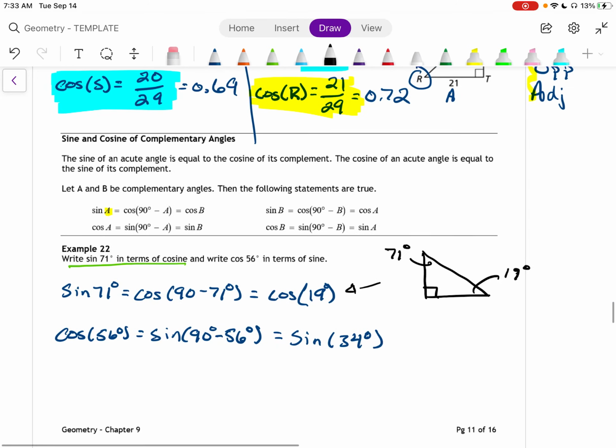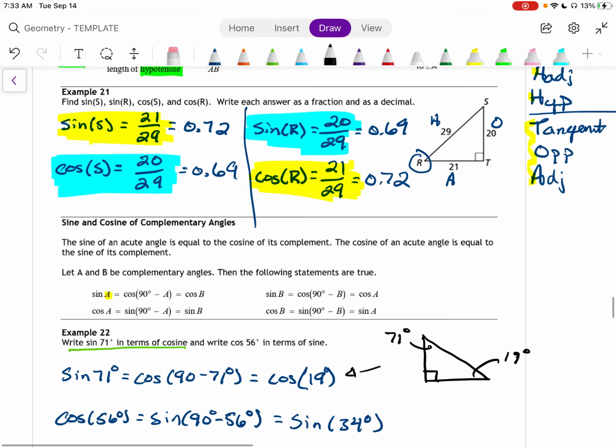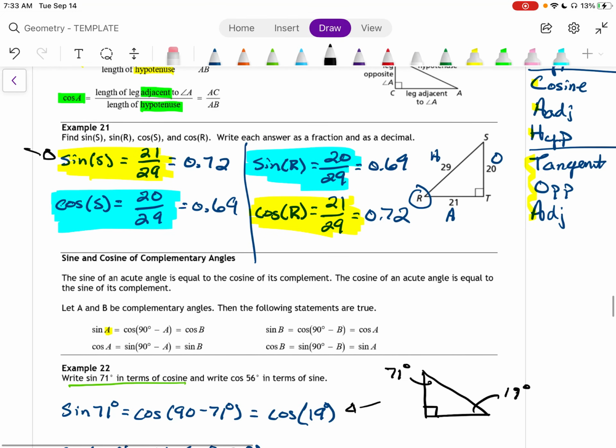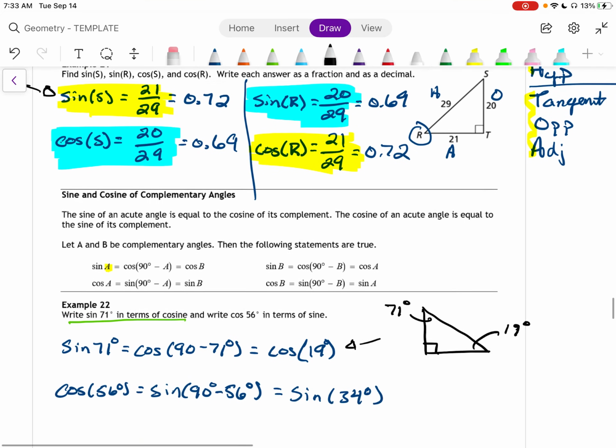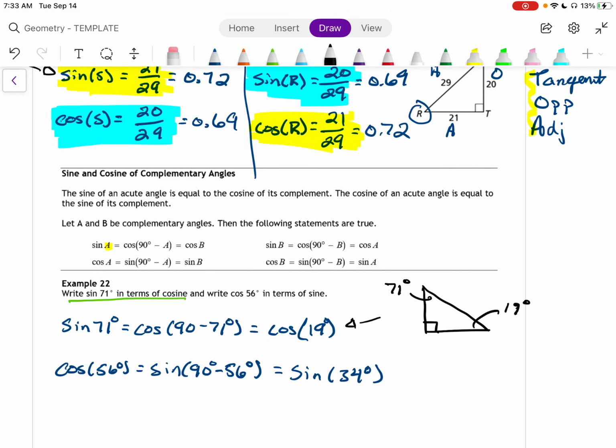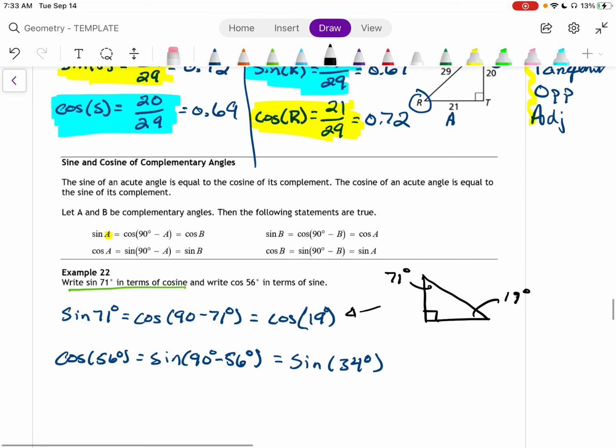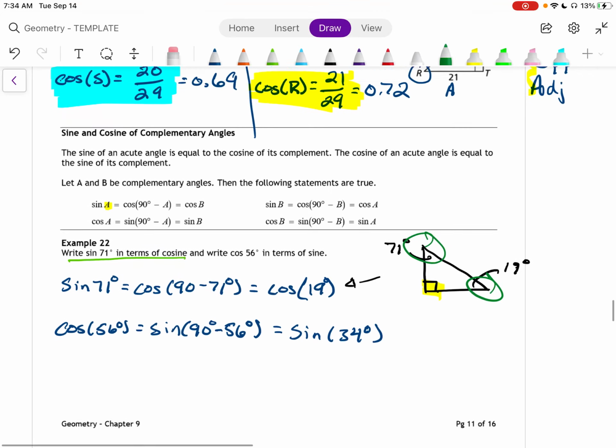So this is doing kind of more of an algebra version of what we were doing up here with the yellow highlightings, looking at the other angles, right? That's what we're doing by 90 minus the other, right? The sum of all the angles in a triangle is 180, but this one's 90, so 180 minus 90 is 90, so these two have to add up to be 90. That's what we're doing here.